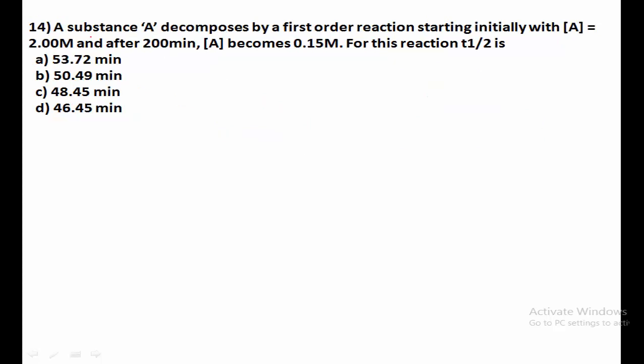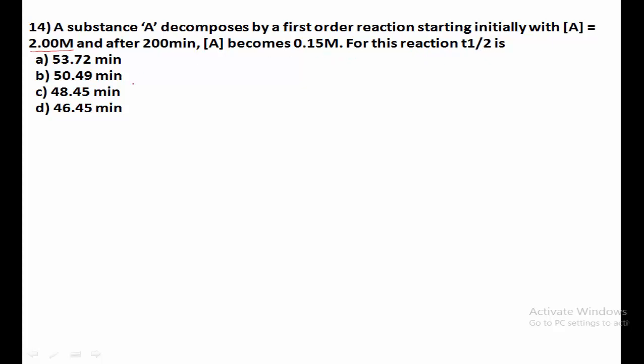14th question. A substance A decomposes by a first order reaction, starting initially with concentration of A equal to 2.00 M, and after 200 minutes A becomes 0.15 molar. For this reaction, t half is.